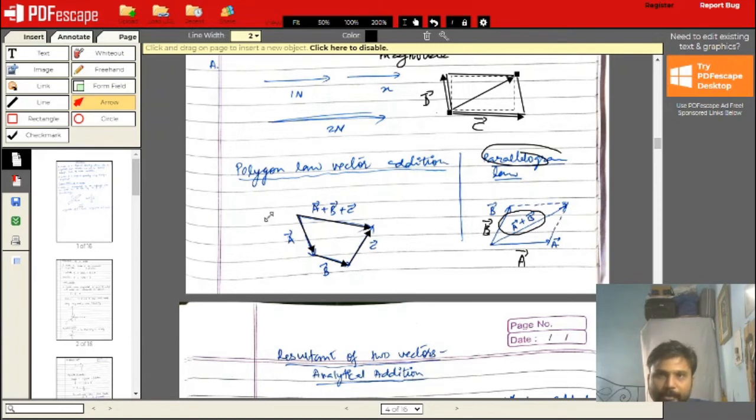So this diagonal which starts from the initial point is simply the sum of the two vectors which we have chosen. This is C plus D. So a parallelogram can be of any type. It can be a rectangle, it can be a rhombus, it can be a square. The diagonal which starts from the initial point would be the sum.